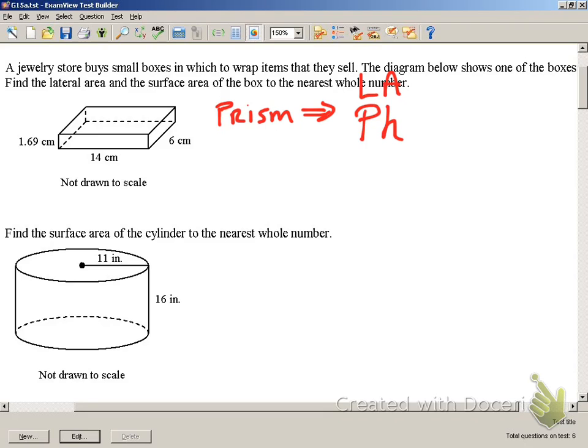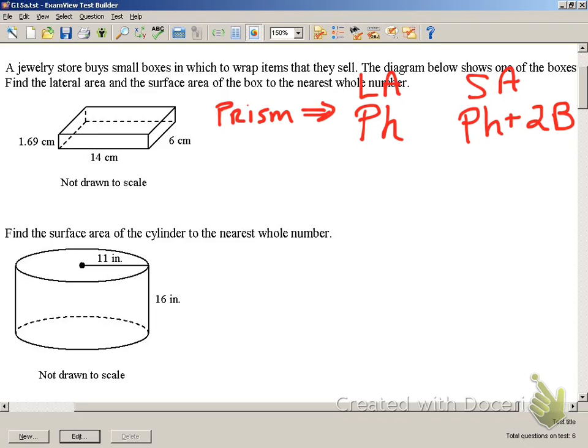That gives us the lateral area. Now, surface area is the lateral area plus twice the area of the base. Notice that lateral area is part of your surface area.